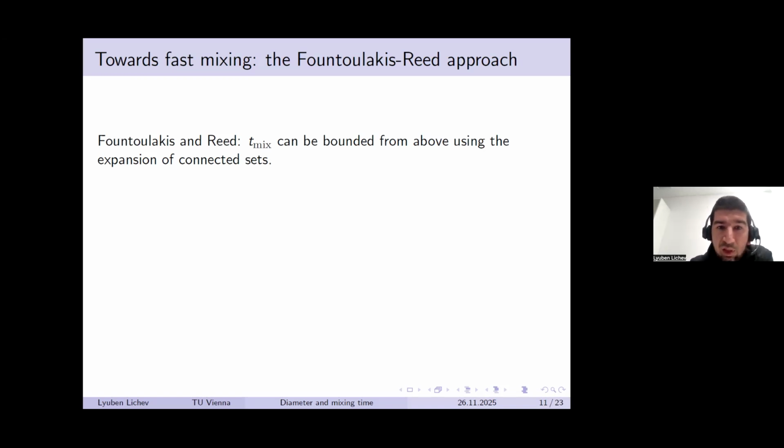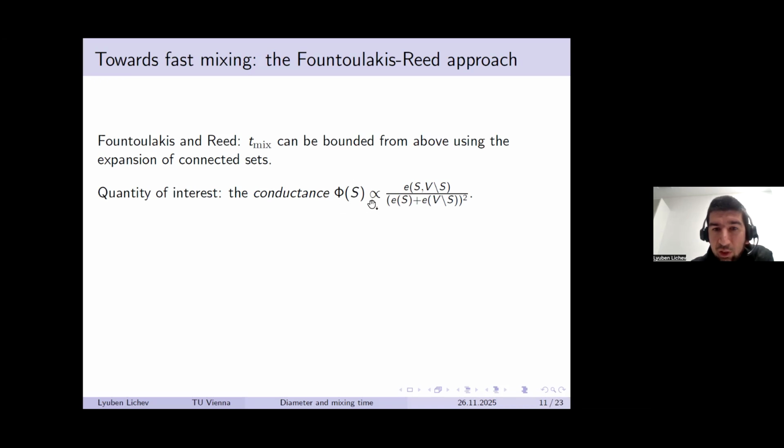So what did they say? Well, they said, let's bound t_mix. So we can actually bound t_mix using the conductances of sets. And so these conductances are actually proportional to some formula that I wrote here.